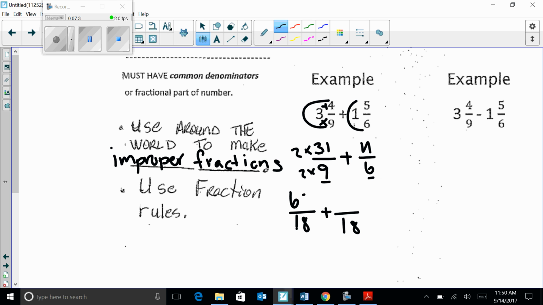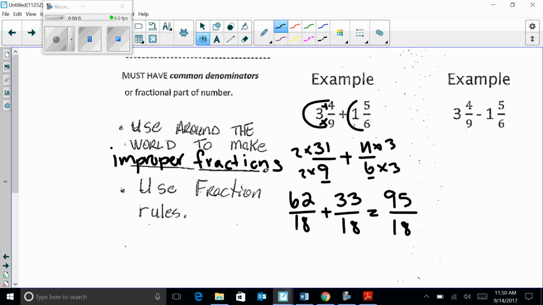That gives me 62. 6 times 3 gives me 18, so 11 times 3 gives me 33. I'm just going to add these. 62 plus 33 gives you 95. 18 is still my denominator.